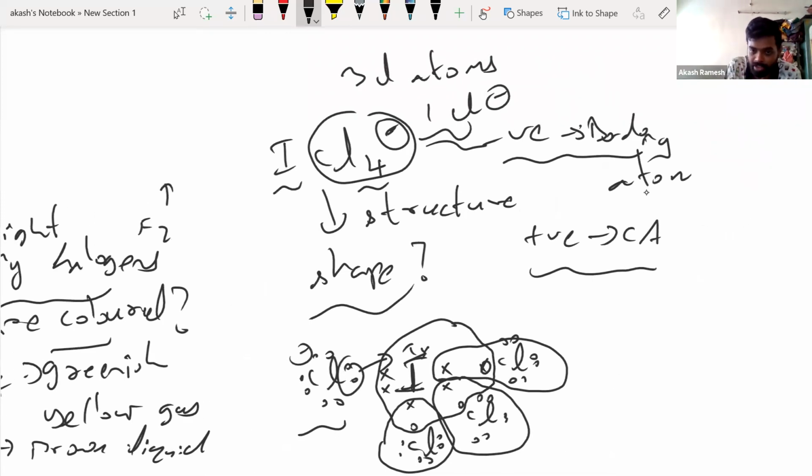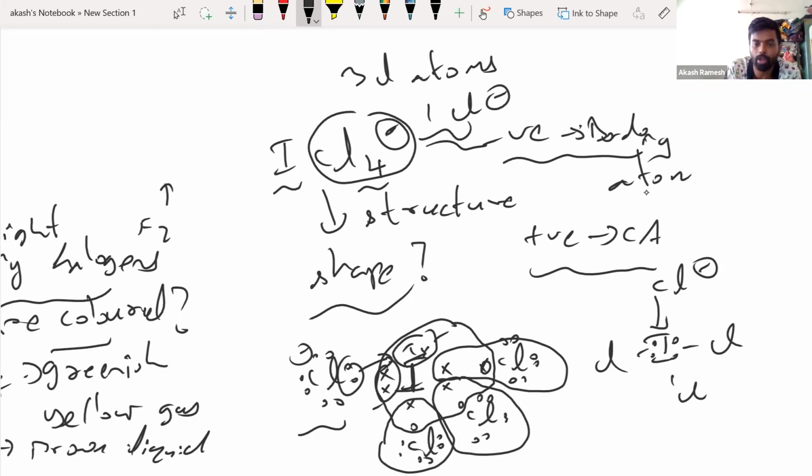So if I draw the proper structure, I will see that there is chlorine, chlorine, chlorine, and 1 coordinate bond coming from Cl minus. Obviously there is 1 lone pair here, and a second lone pair. The first and second lone pairs are not involved in bonding.